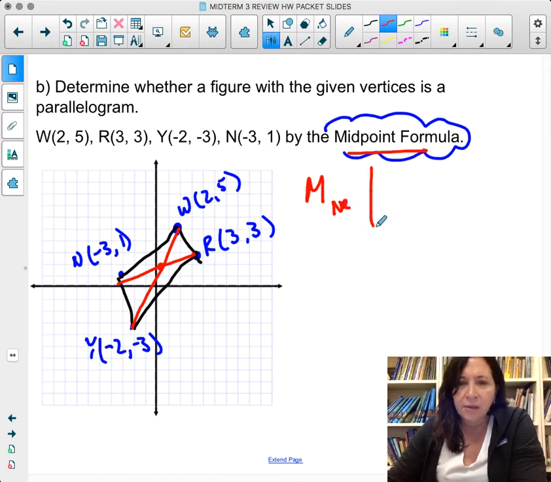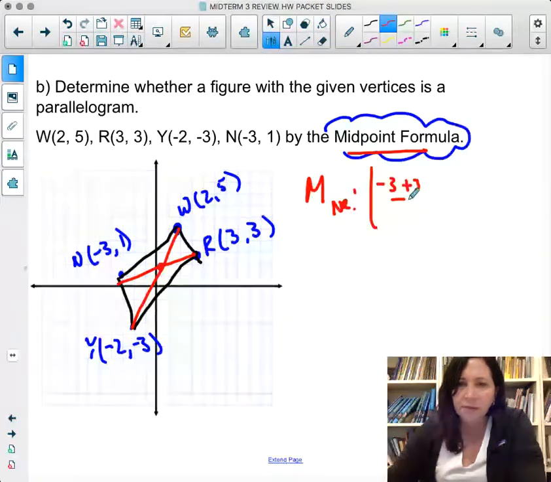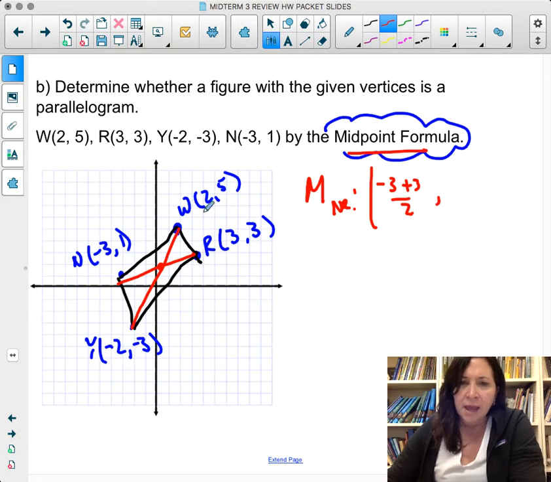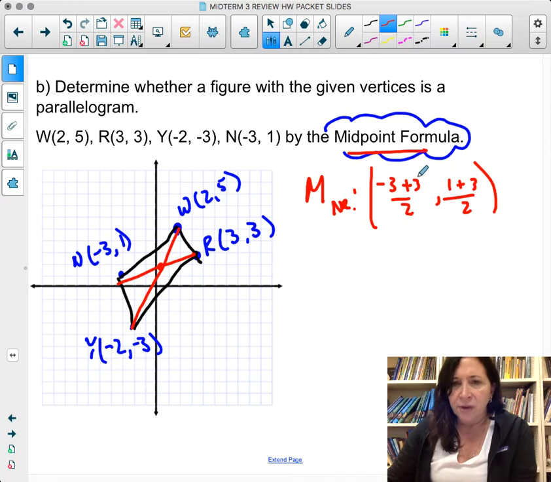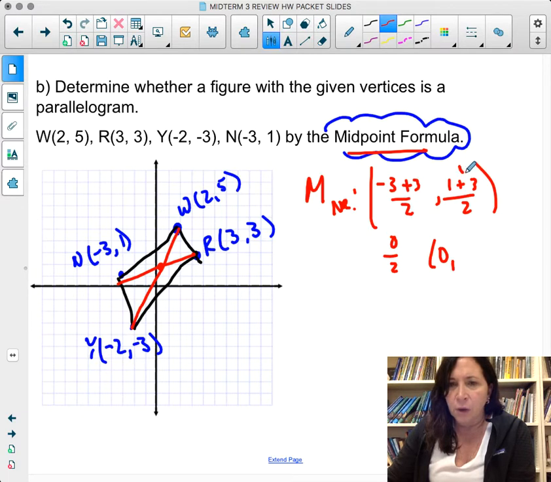We add our x's up, divide by 2: negative 3 plus 3 divided by 2. And I add my y's up: 1 plus 3 divided by 2. Negative 3 plus 3 is 0, 0 divided by 2 is 0. And 4 divided by 2 is 2. So we have 0, 2.